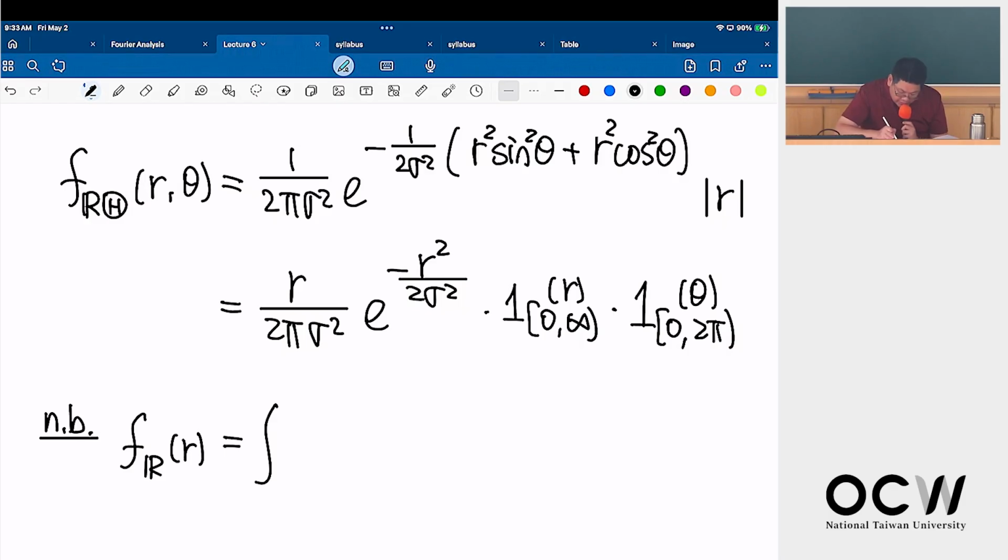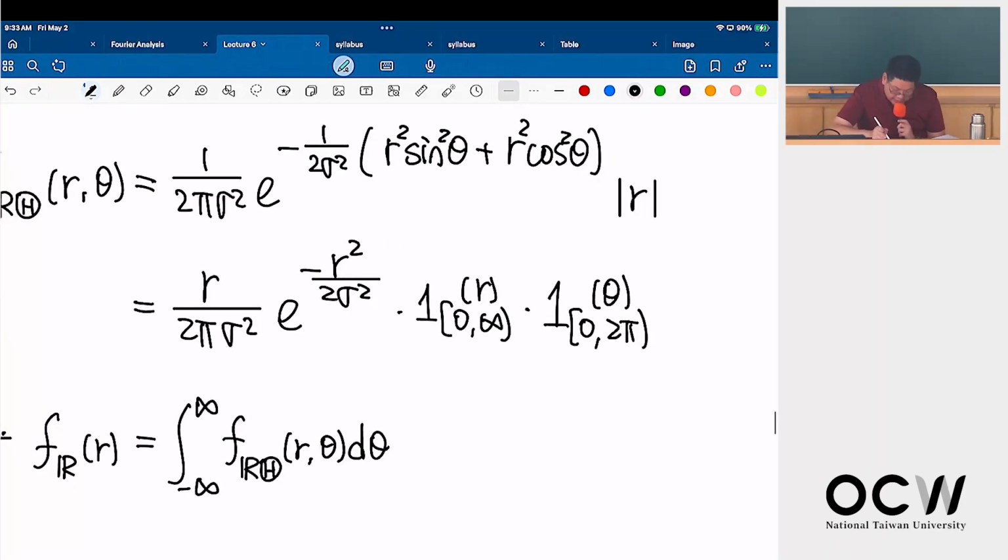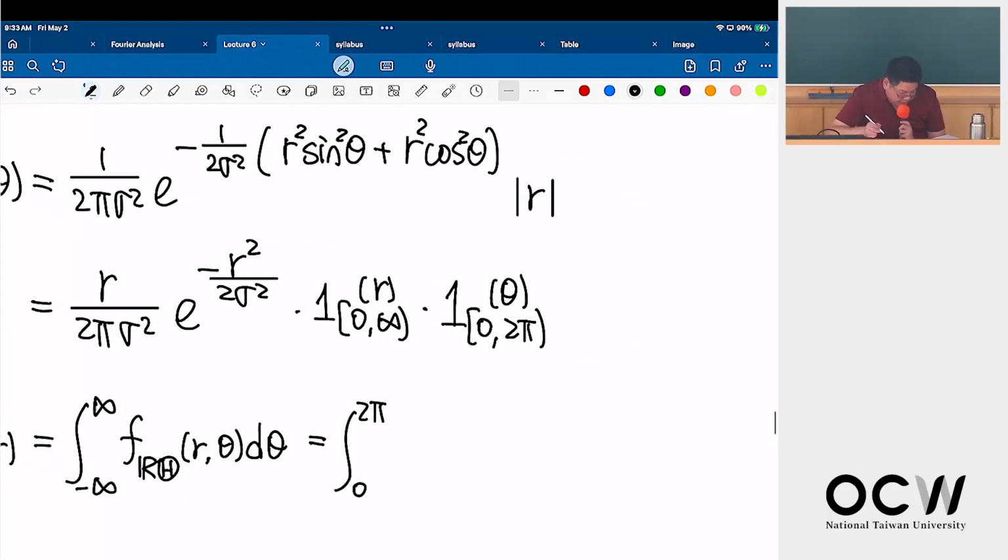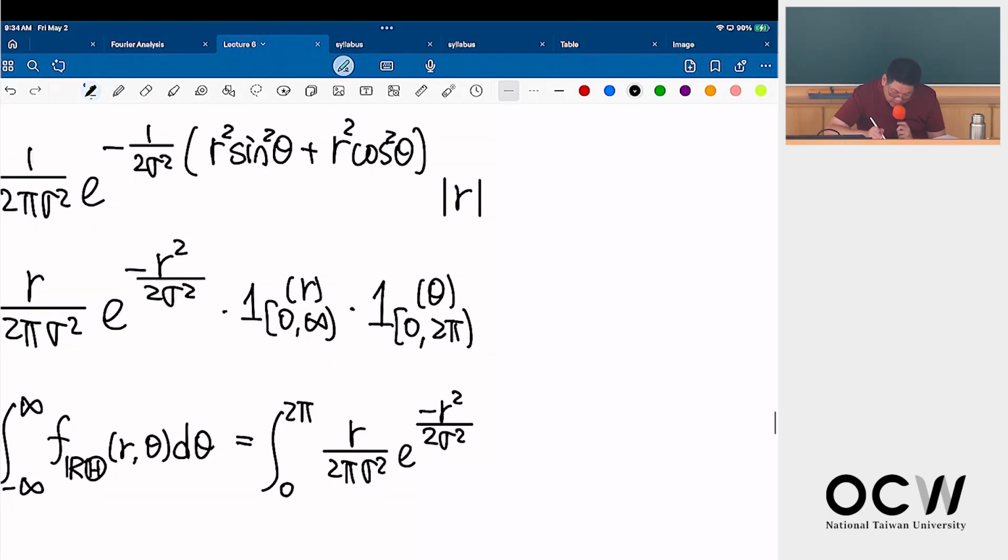So I just do the integration with respect to theta, and since theta is from 0 to 2 pi, now let's bring this joint PDF here. r over 2 pi sigma squared, exponential to the power minus r squared over 2 sigma squared, and my range for theta is 0 to 2 pi, d theta.